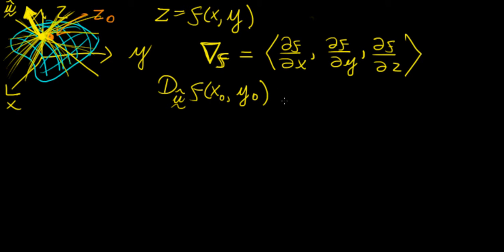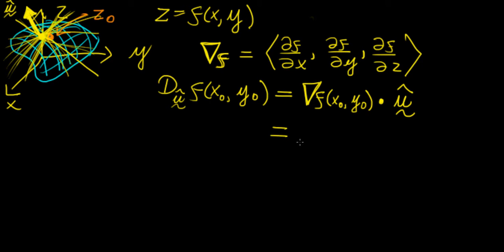So this is going to be equal to the gradient of f evaluated at those 2 points, dot product with the unit vector in the direction in which we want to project this vector. Remember, the dot product is essentially multiplying each corresponding component and then adding them up.